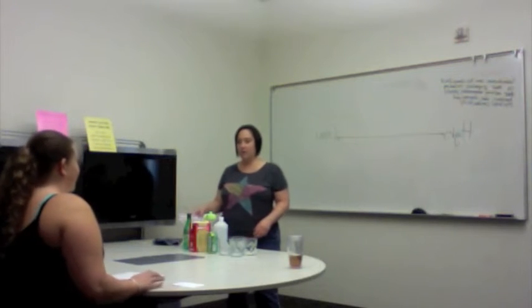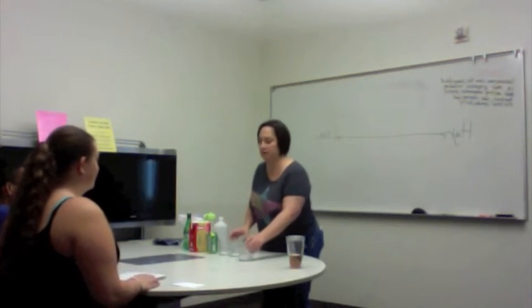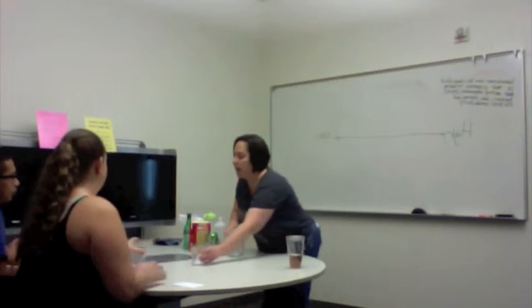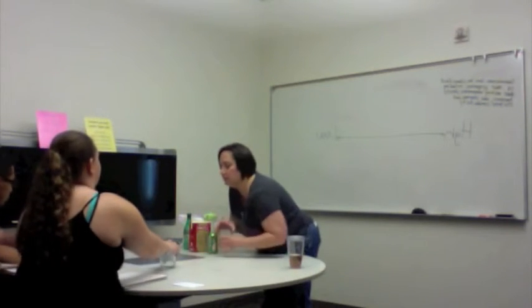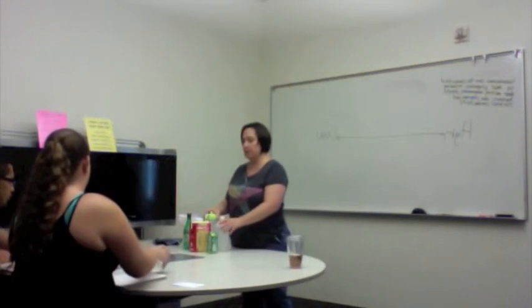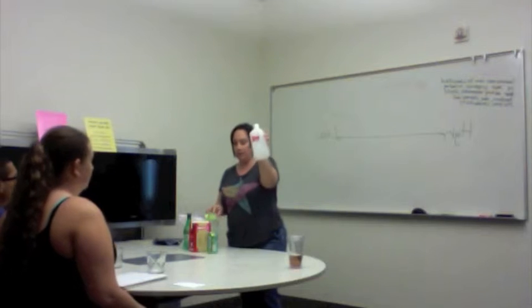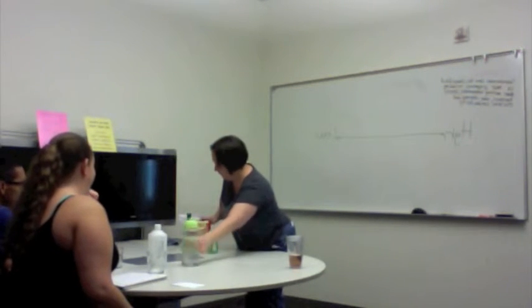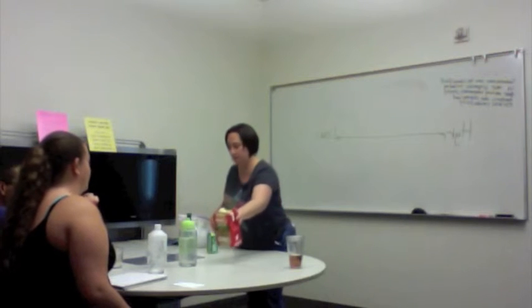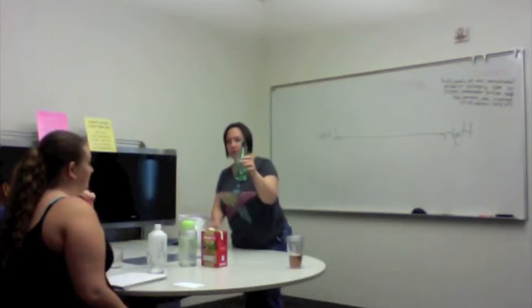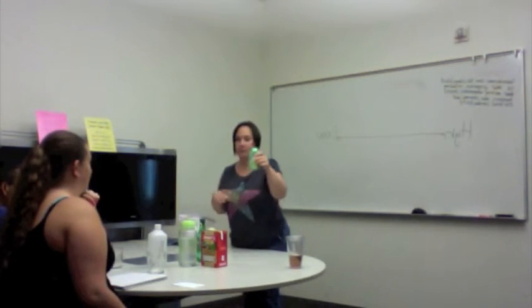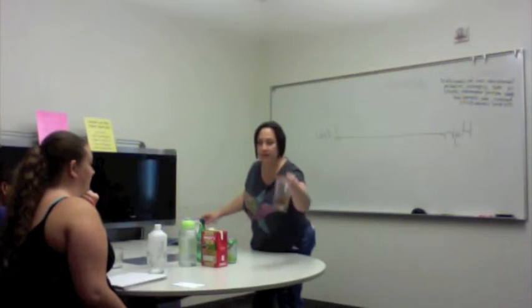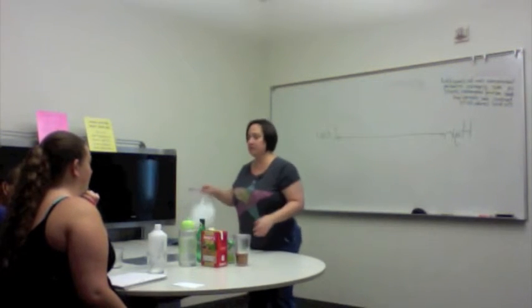Okay, guys, so I'm going to let you try this on your own. So here's some glasses, and I want you to pass those out. Okay, and I have a bottle of rubbing alcohol, some water, apple juice, mineral water, some Sprite, some iced tea, and then here's some ice.